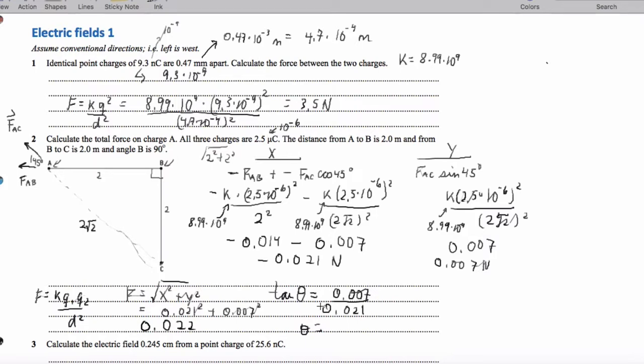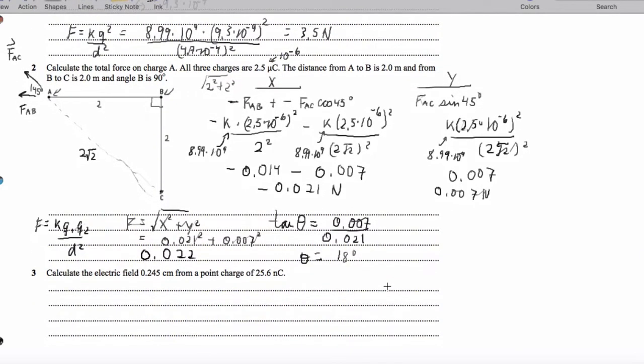Ends up being about 18 degrees. They get 15, but it's close enough given the numbers that we're working with.